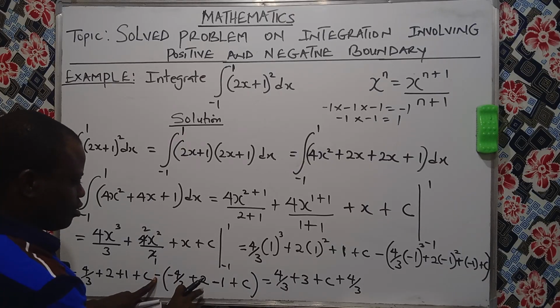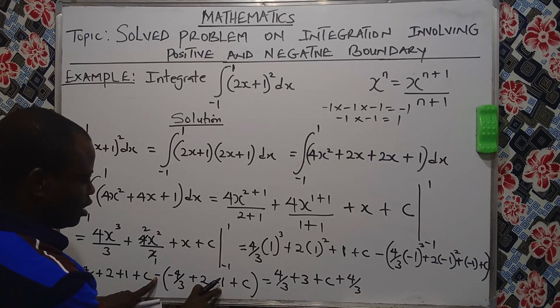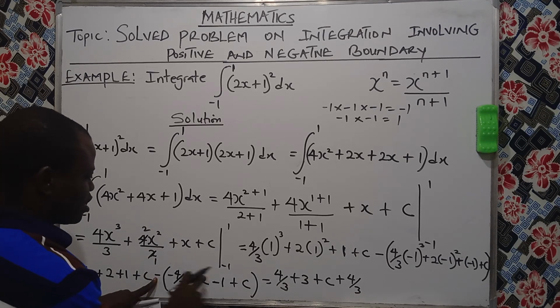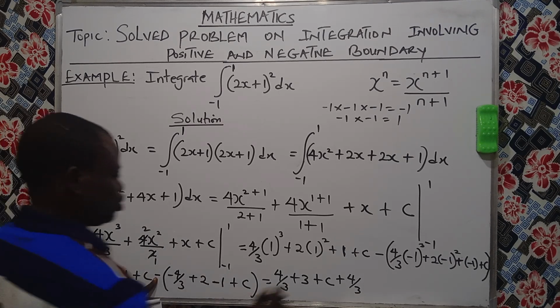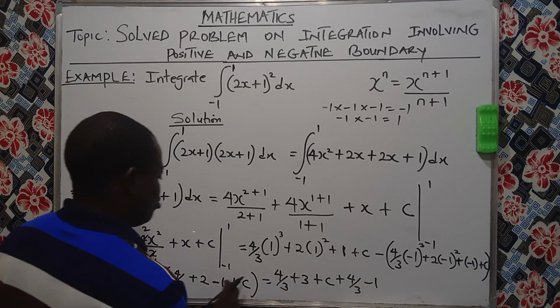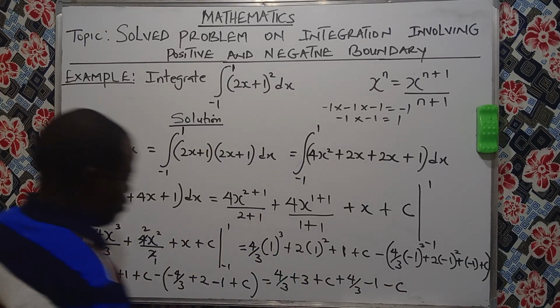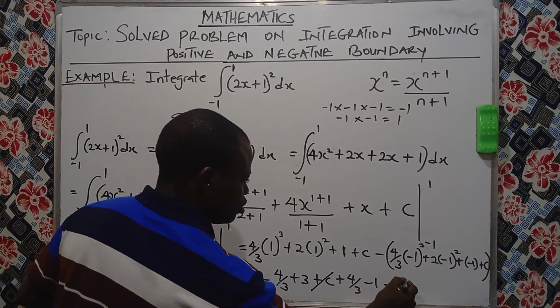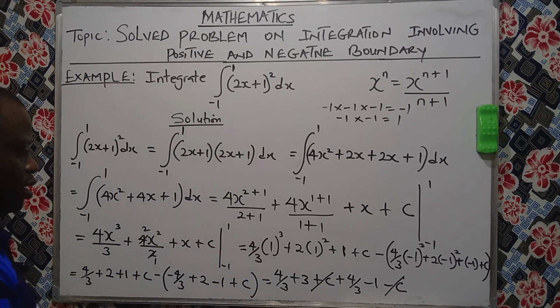Negative times 2 minus 1 is 1. Minus negative times 1, that's minus 1, minus c. Now this plus c cancels minus c.